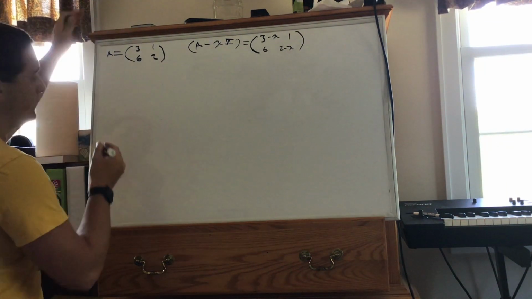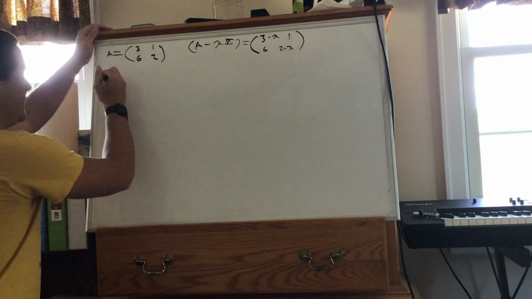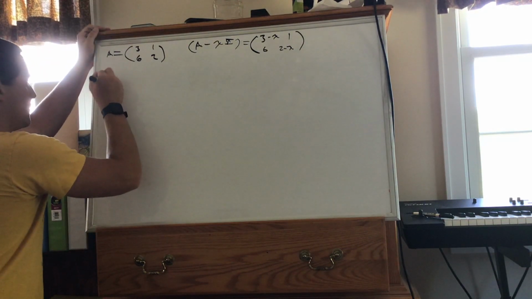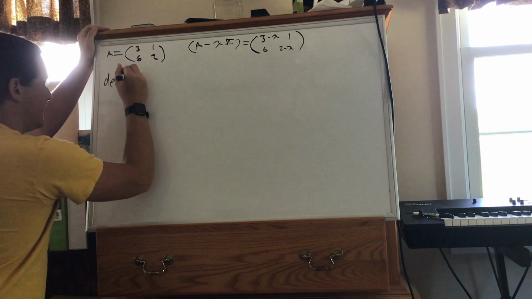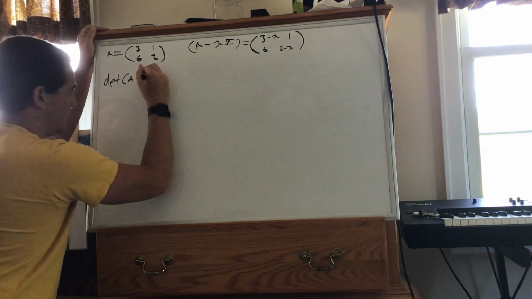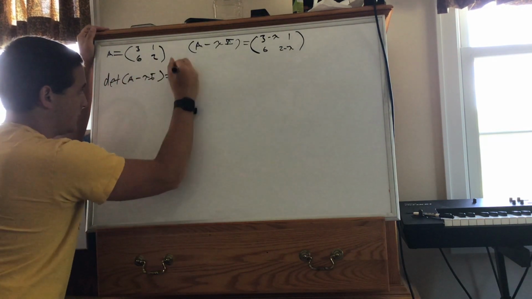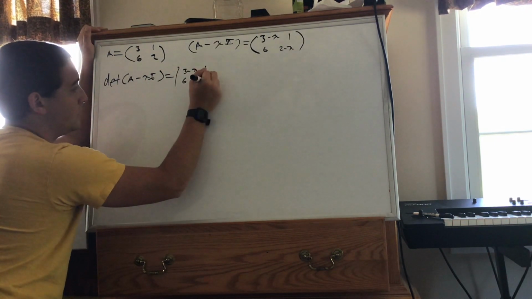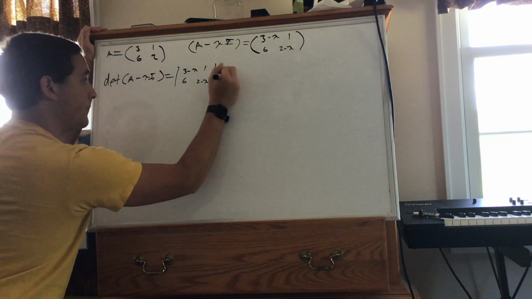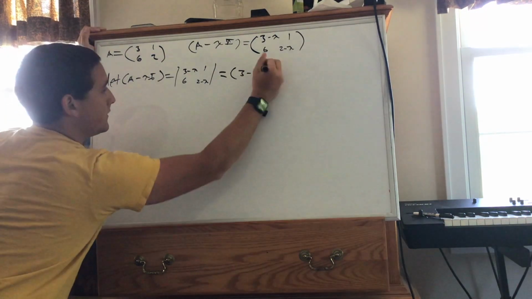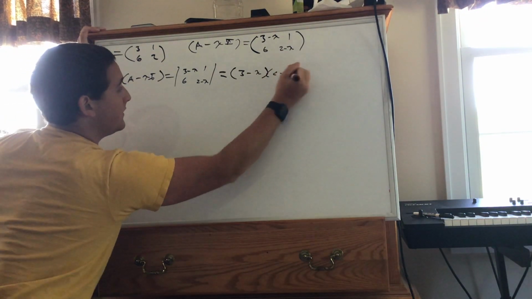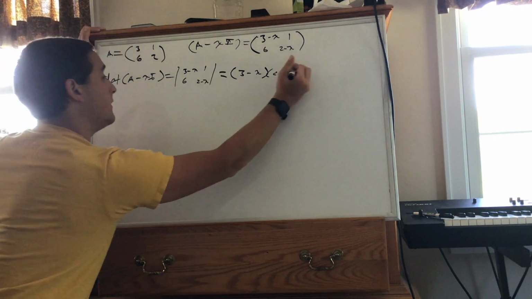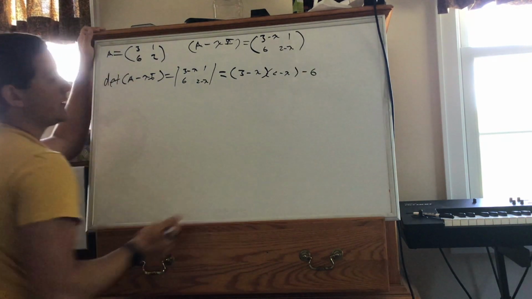I'm going to write that over here: the determinant of A minus lambda I equals this. When we do the determinant, we get 3 minus lambda times 2 minus lambda, and then 6 times 1 is 6, so we subtract 6.